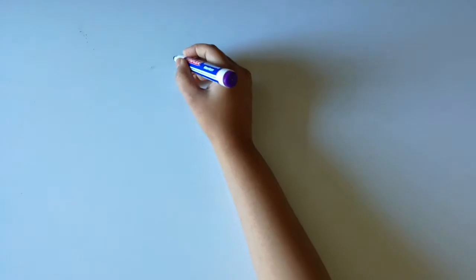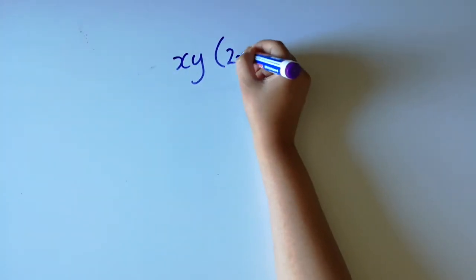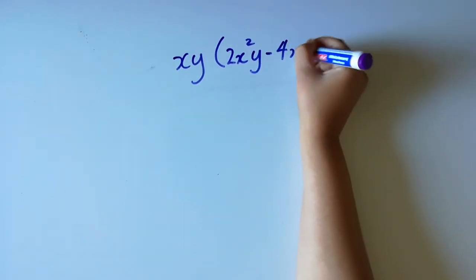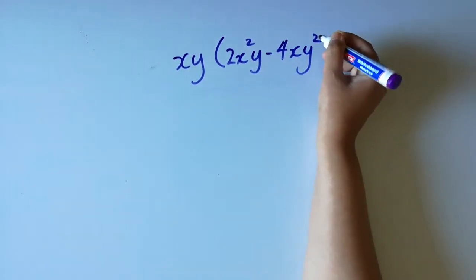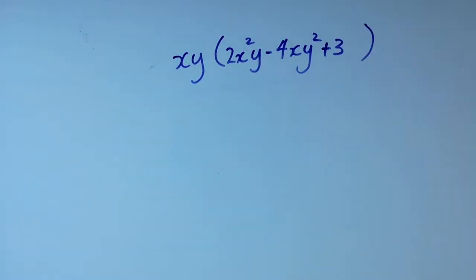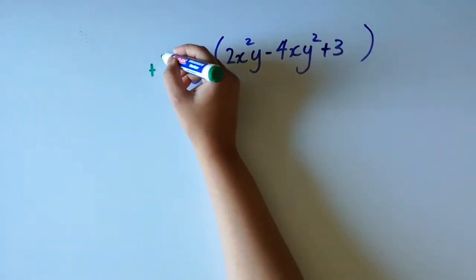Let's say I have xy times 2x squared y minus 4xy squared plus 3. First step, as always, invisible signs and numbers. So there's a plus here, there's a 1.